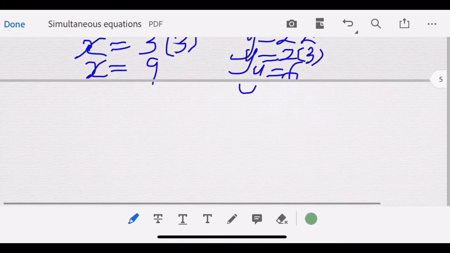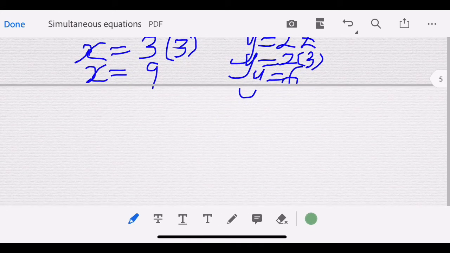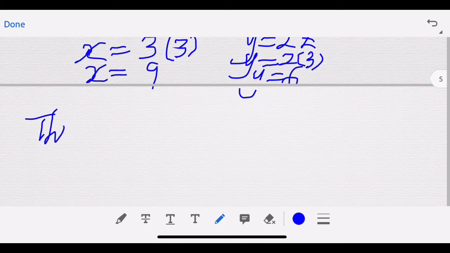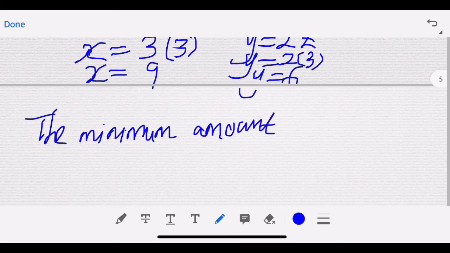So finally we have managed to solve the minimum. We have to make a conclusion, right? The minimum amount. So the last step for the Hodge question is always C. Either you check your answer or you make a conclusion.